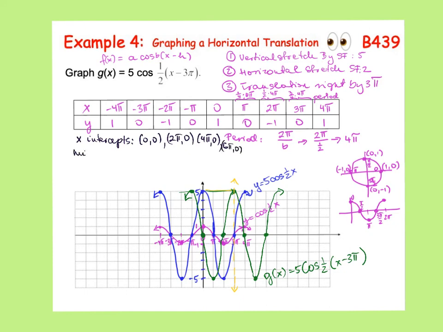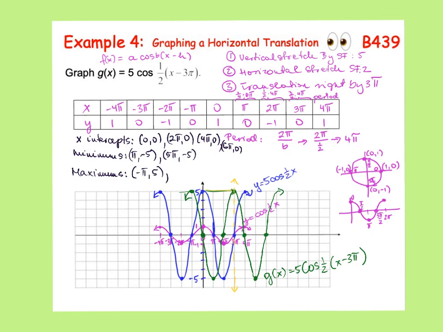Then my minimums are going to be pi, negative 5 is our first minimum, and our second minimum is 5 pi, negative 5. And then our maximums are going to be negative pi, 5 is our first one.